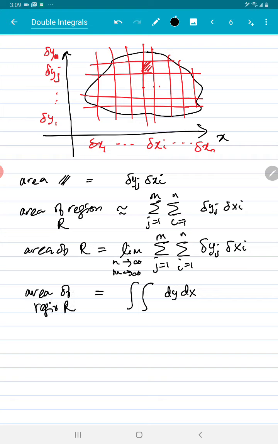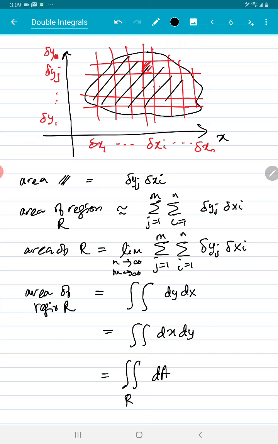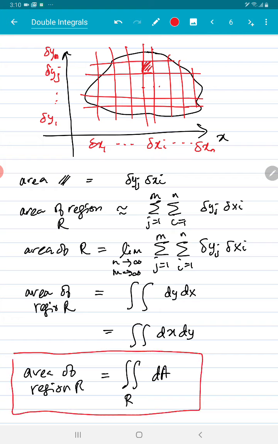Okay, so that is our formula. But of course, you can take dx dy, or you can also use dy and then dx. So in general, instead of writing dy dx or dx dy, we write it as dA, and the integration here will be over region R. And here we have area of region R. So that is the formula that we're going to use for finding area of region R using double integral.